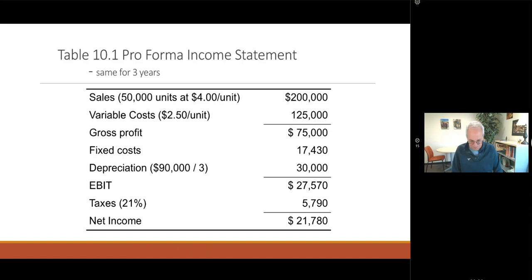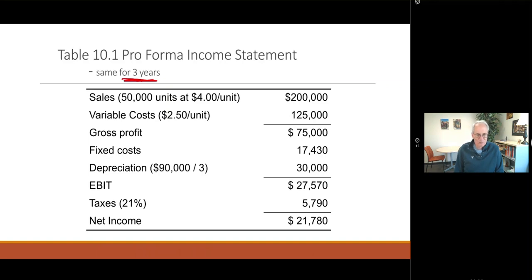All right, moving on. On your page at the bottom left there is the same sheet I have here, and this is going to be the same for the next 3 years. Same for 3 years, and I don't think I put that on your sheet, so write that down. This is our pro forma statement, and we're going to assume that we're going to do this business for 3 years, and here's what's going to happen.